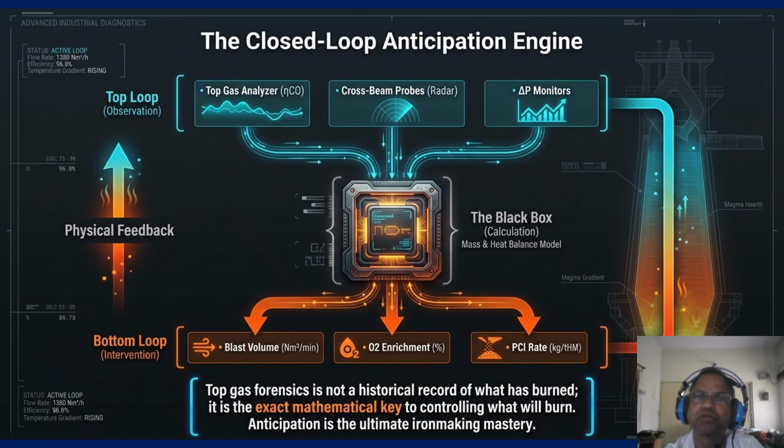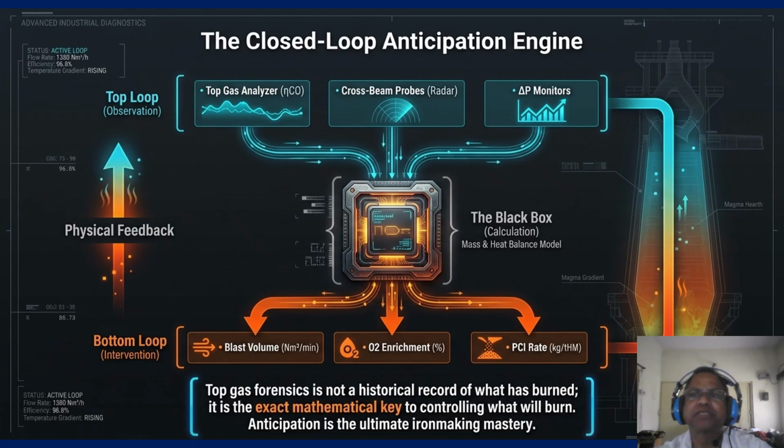On the left, the top loop observes the physical feedback using gas analyzers and radar probes. This data enters the black box, or mathematical mass and heat balance model. The bottom loop then executes the intervention, adjusting blast volume, oxygen enrichment or PCI rates.